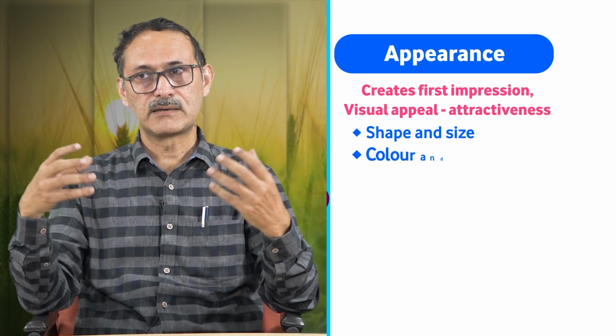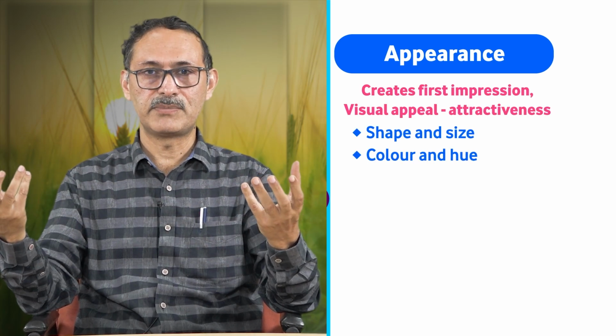In these attributes, first we will list appearance. Appearance means how a food looks. It could include shape, size, color. Say, for example, you are going to buy an apple, and the apple has a shade of green and red both.